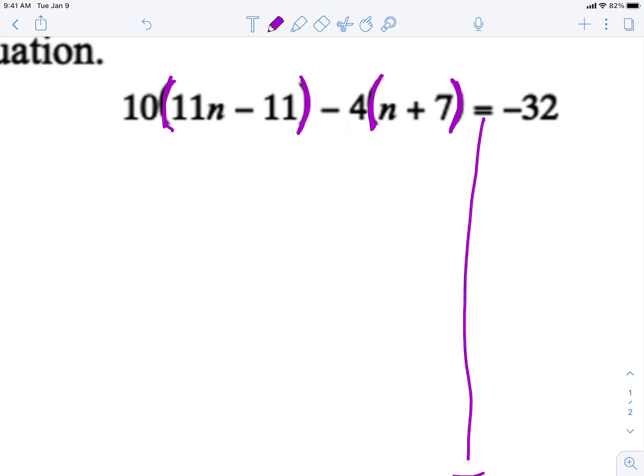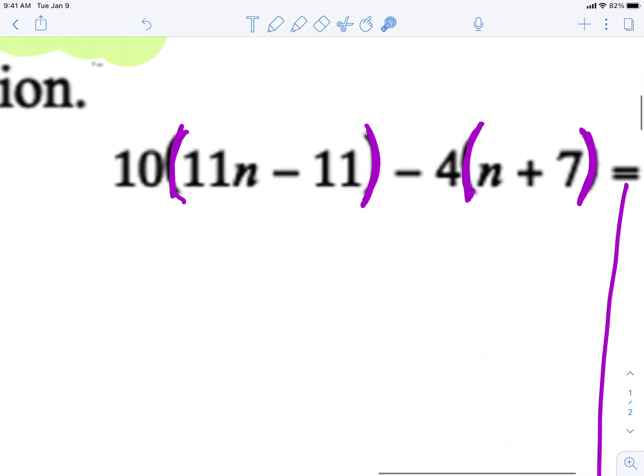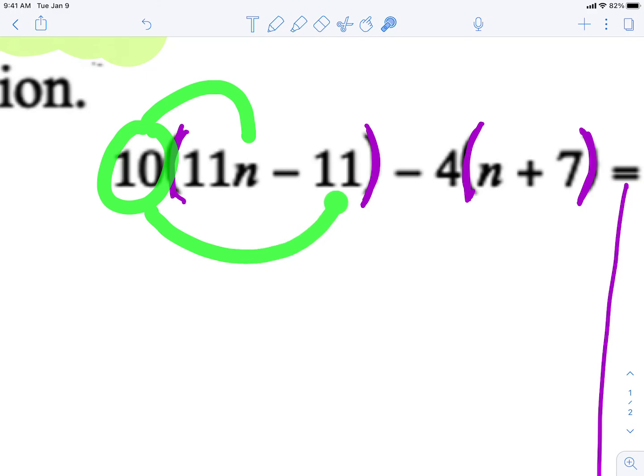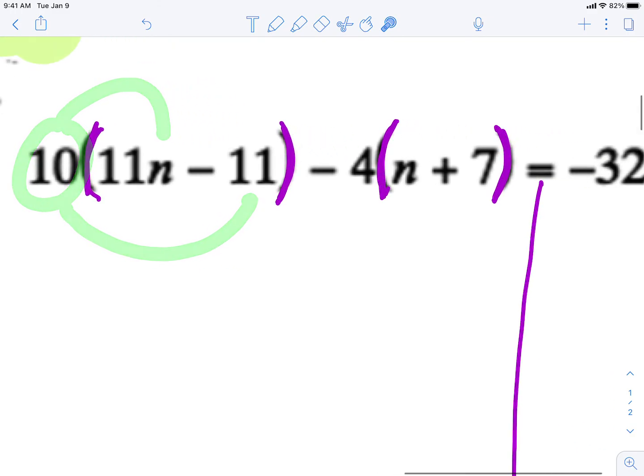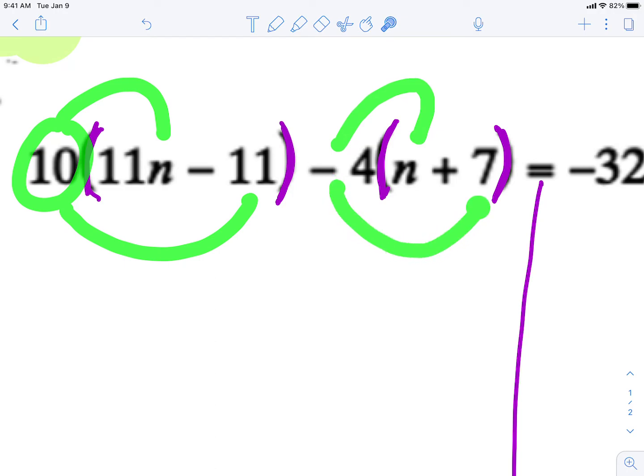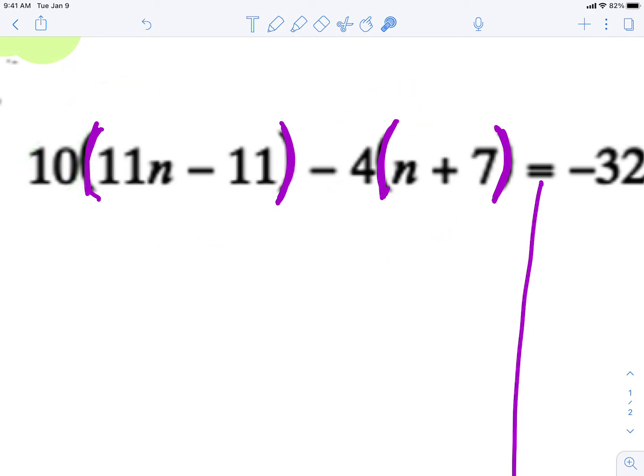So we know what's going to distribute with the parentheses is what is to the left of the parentheses. So this 10 is going to distribute on top and on the bottom. And this negative 4 is going to distribute on top there and on the bottom here, right? The numbers to the left of the parentheses are what distribute.